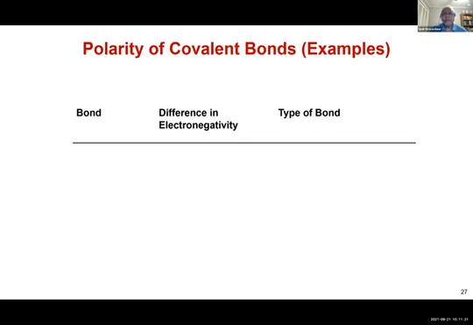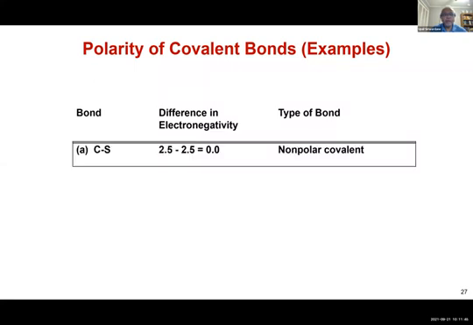We're going to look into examples of the polarity of covalent bonds. We look at several bond types, calculate the electronegativity difference, and determine what kind of bond is formed between two elements. Carbon and sulfur have very close electronegativities: if you look in the periodic table, the values for carbon and sulfur are 2.5 and 2.5.